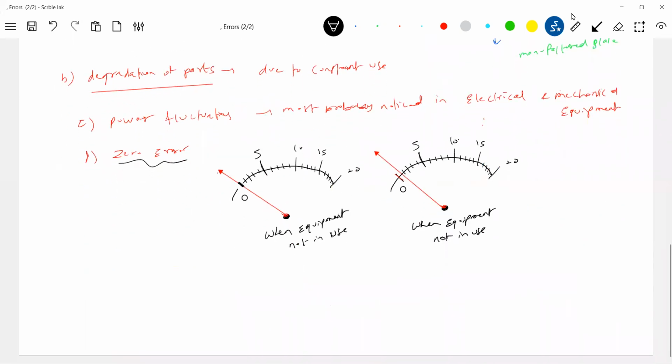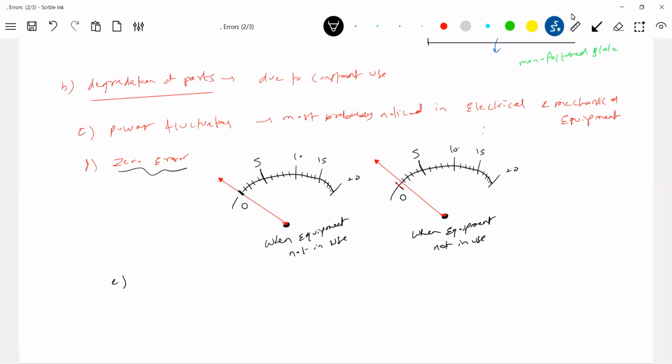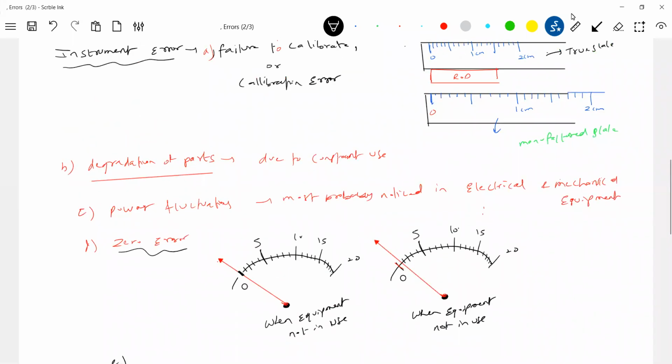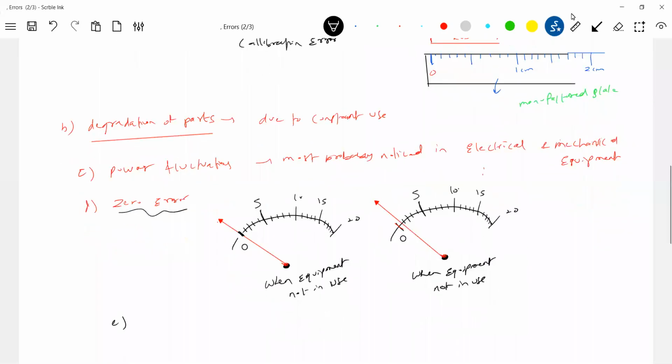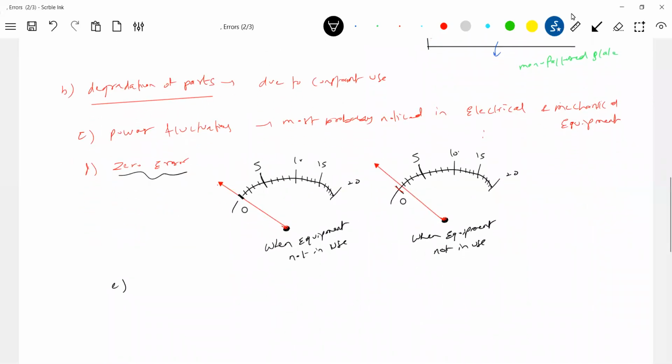Next, temperature fluctuations. Suppose you're using a metal scale: as temperature increases, the scale will elongate, so it will read error. So variation in temperature will lead to instrument errors.